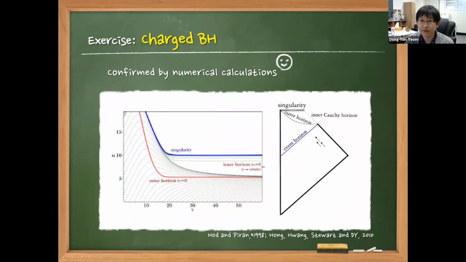To my knowledge, the first successful numerical simulations were done by Hod and Piran in 1998. And I myself also reproduced them on my desktop computer in 2010. So the correct dynamical causal structure of the charged black holes looks like this.